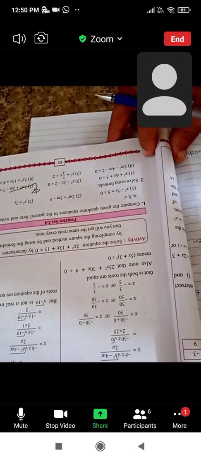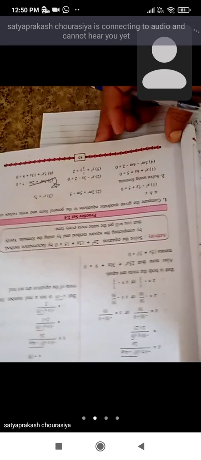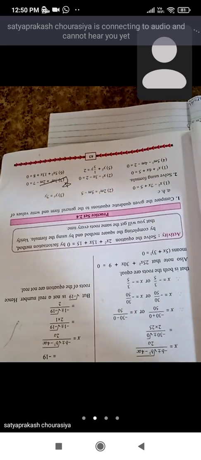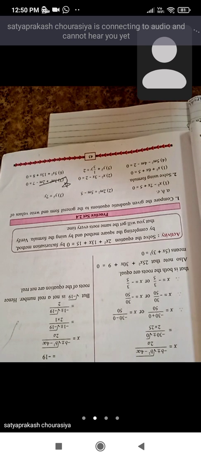Now see the question number 1. Compare the following quadratic equation to the general form and write the value of A, B and C. So already you have done this type of question in practice set 2.1. 2.1 में आप ऑलरेडी ये क्वेश्चन कर चुके हो. जो क्वेश्चन 1 है यहाँ पे, this is the revision for you. What is the question?